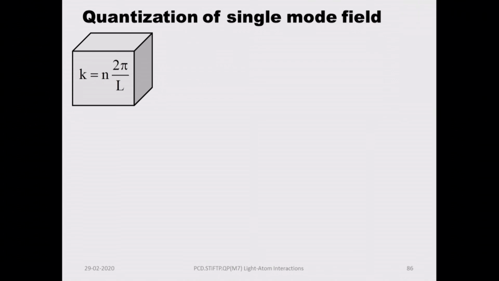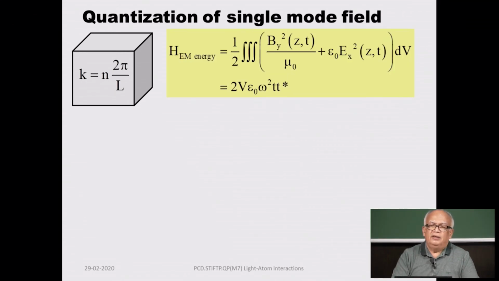For this cavity, you can consider this cavity to be in some sort of a box, okay, and in this box you will have a certain amount of electromagnetic energy which you have expressed in terms of the electromagnetic fields E and B, but now you have to express it in terms of photons, which are the quanta of the electromagnetic fields. Okay.